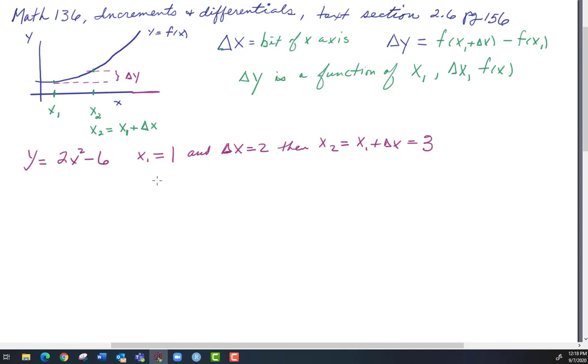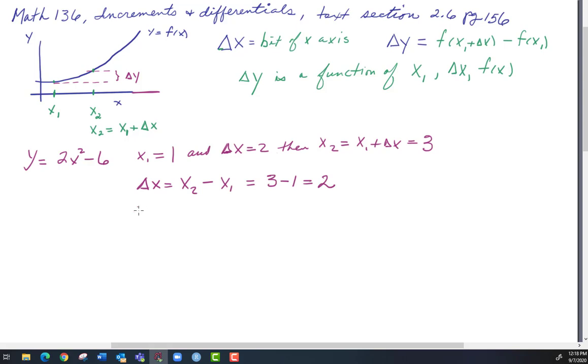Then we would say that delta x is equal to, you can find it as x2 minus x1, which is 3 minus 1 equals 2. In this case, delta x was already written down, but if it wasn't, we could find it if we knew x1 and x2.